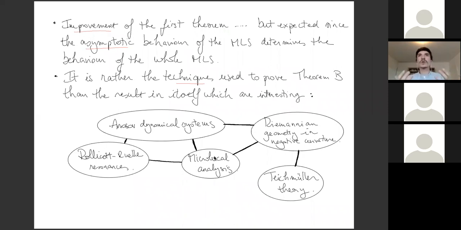Even though I will not really do microlocal analysis, it's somehow everywhere in what I'm going to say. And in the end, that's really what we found in this new paper with Colin and Gérard, there is an interesting and somehow unexpected link with the Teichmüller theory, and I hope that I will have enough time to talk about this link in the end.